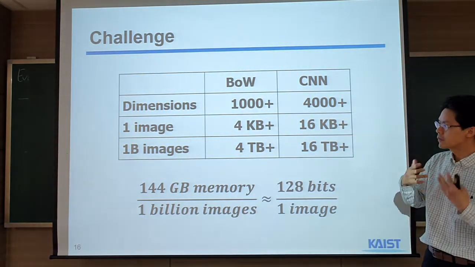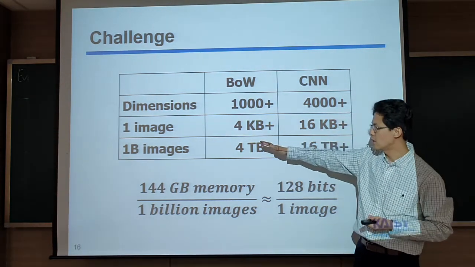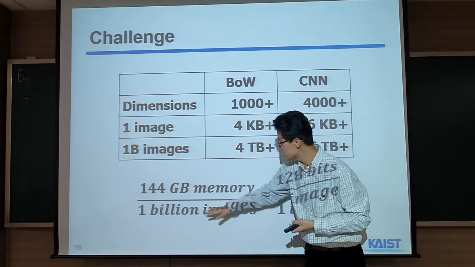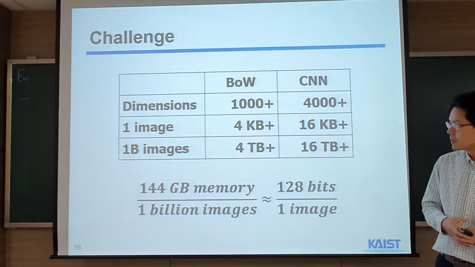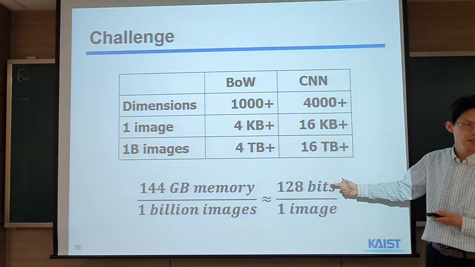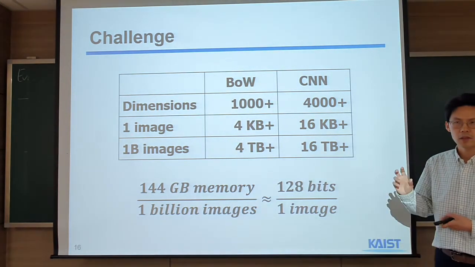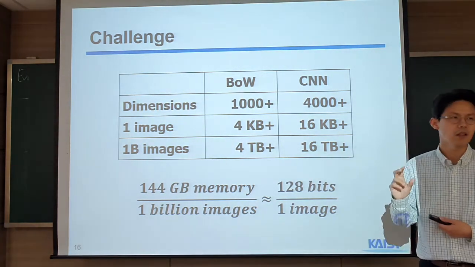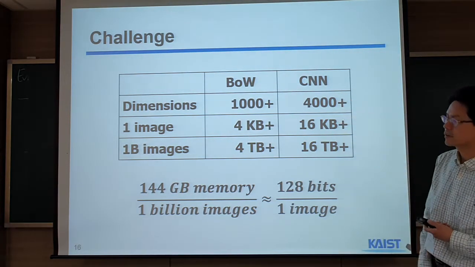And if we want to put 1 billion images within that 144 gigabytes of RAM, it means that we can only use 128 bits, not even bytes, 128 bits for each image, right? So it means that we cannot use a lot of space for recording this kind of image descriptor.